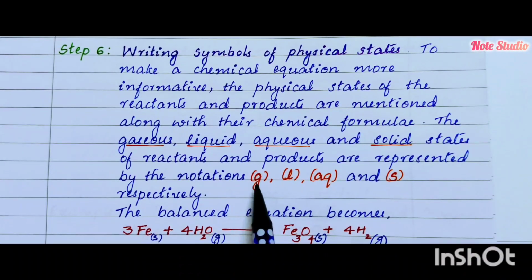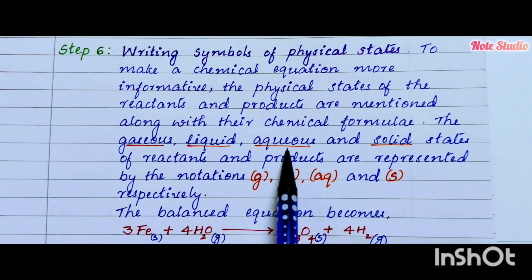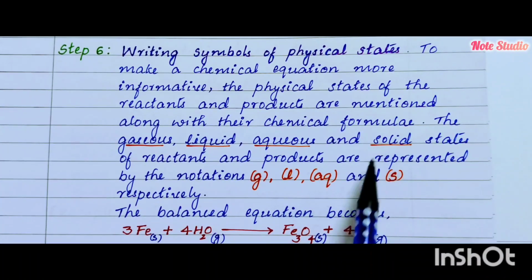For liquid we'll write l. Aqueous we'll write aq. Aqueous is nothing but any substance in solution form. When we add water, it becomes a solution, right? So that is aqueous. Then solid we'll write as s. So these are some symbols of physical state.